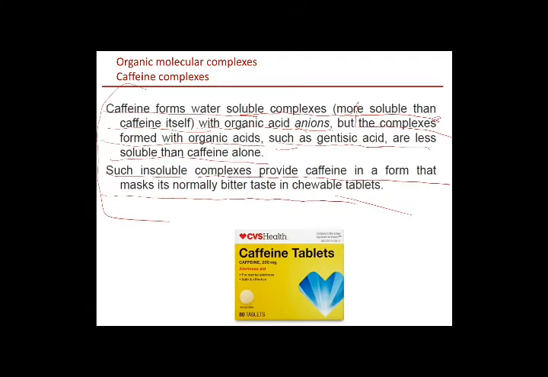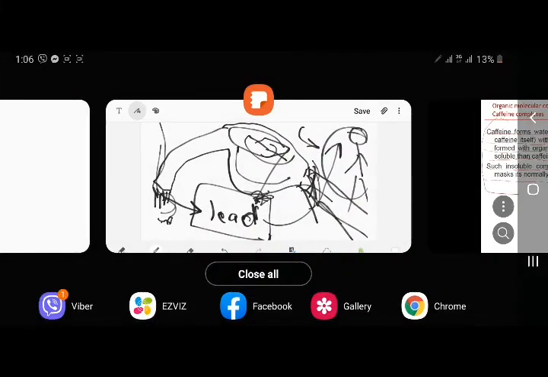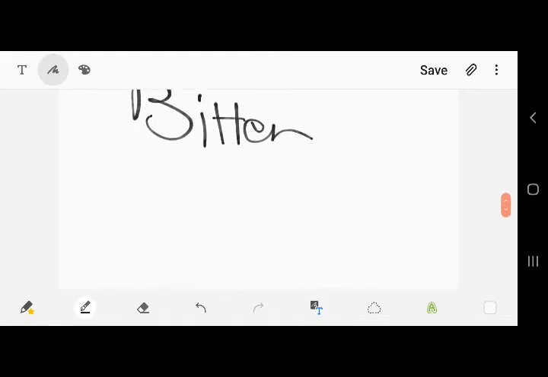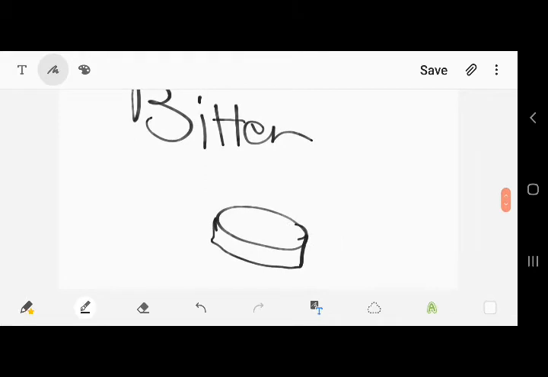Let me tell you something. Caffeine is really bitter. You will not like to take caffeine by itself. So let's say we have extracted caffeine from coffee or anything else. Caffeine by itself is very bitter.